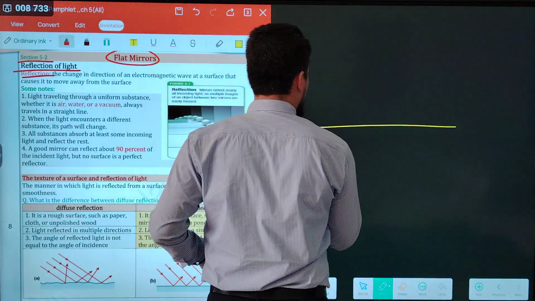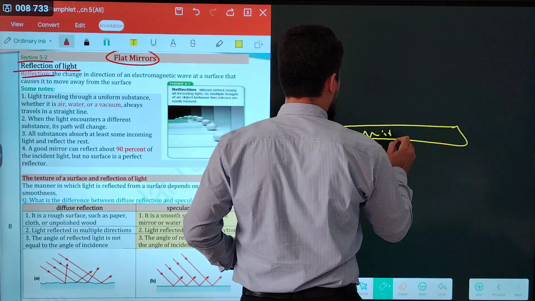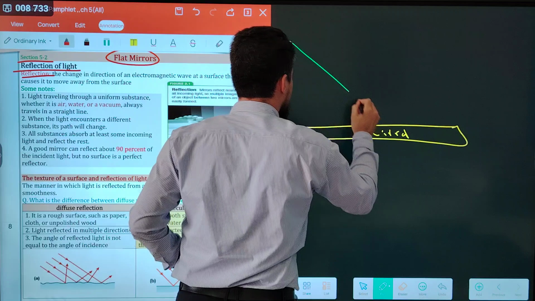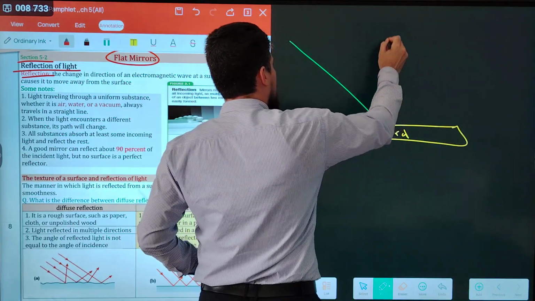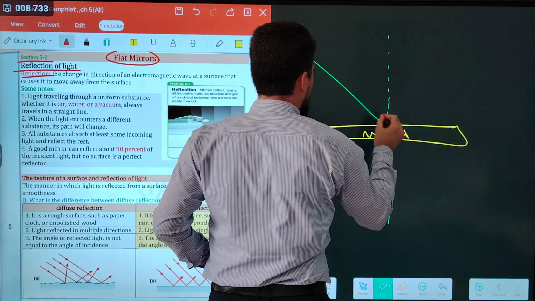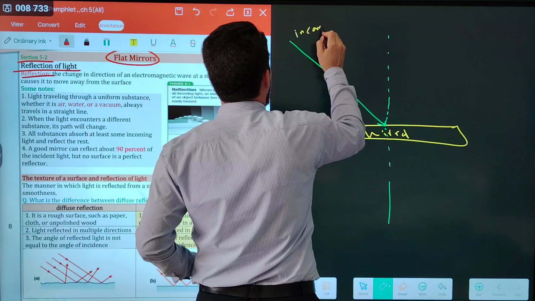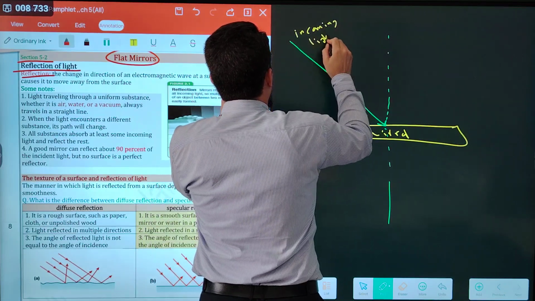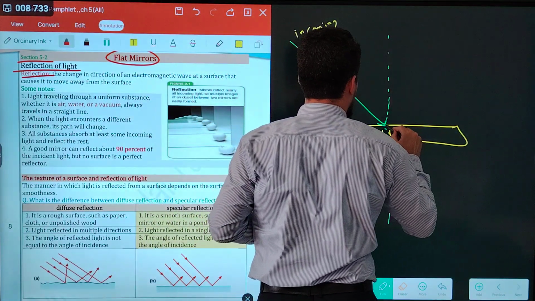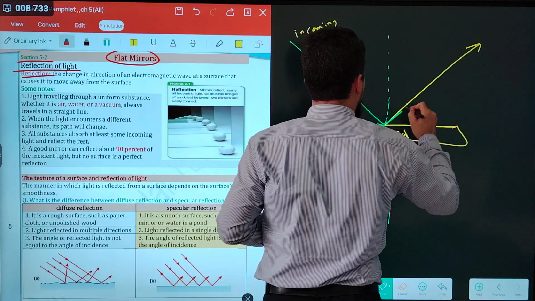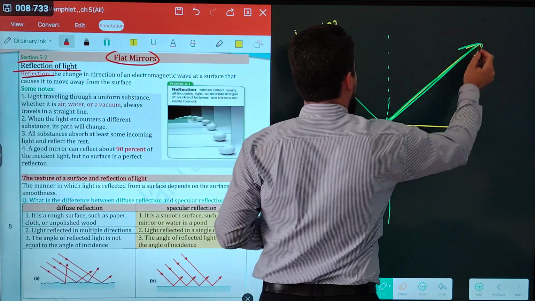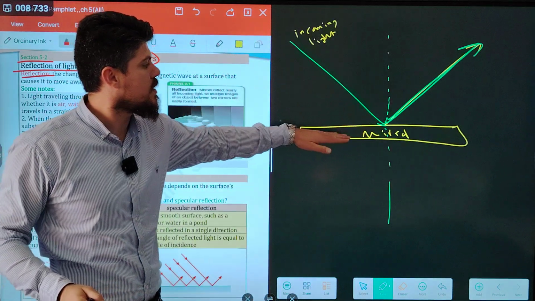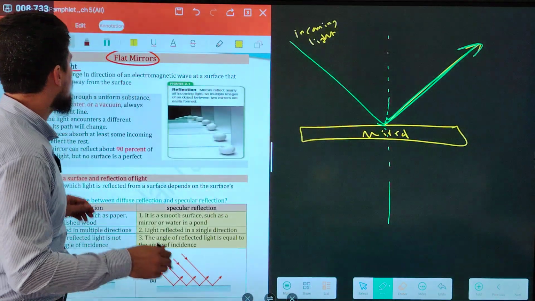For example, if we have a mirror, this is the incoming light, this is the normal, and this is going to be the reflected light. Why is the light reflected? Because of the mirror changing its direction.